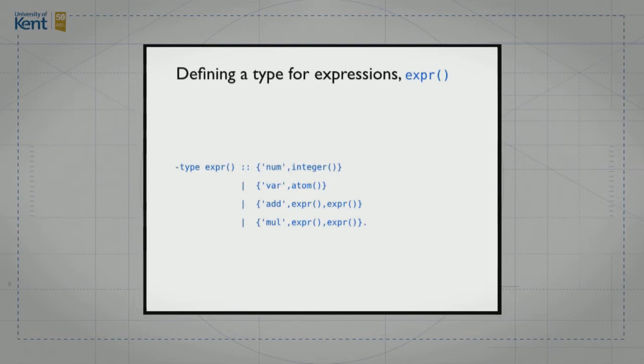The second begins with the atom var, and then it has another atom, which is the name of the particular variable we're talking about. And then the third and fourth are the tuples that represent structure. We have an add tuple, and the two components of the add are themselves expressions.